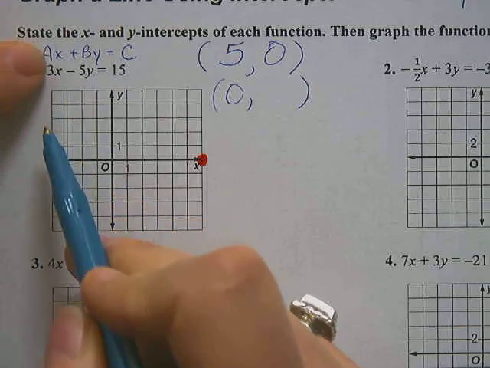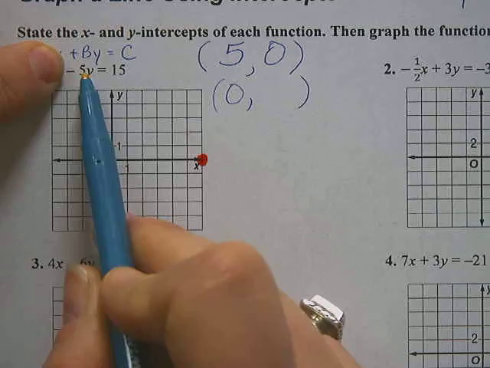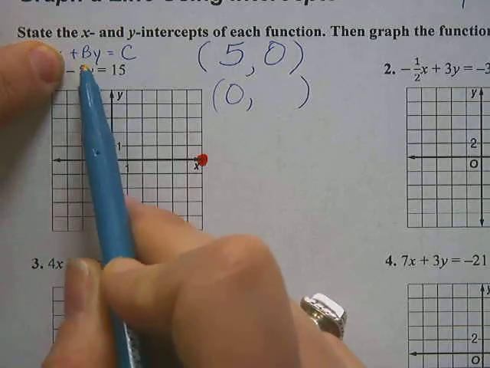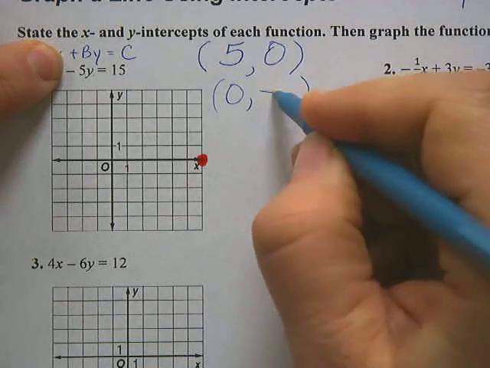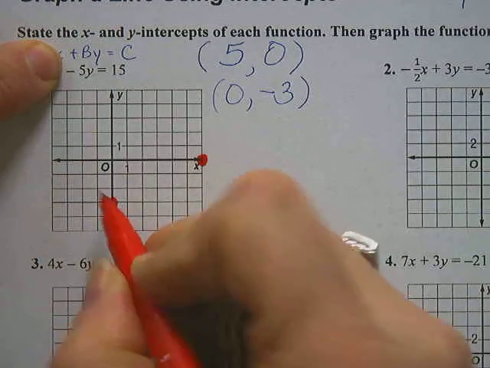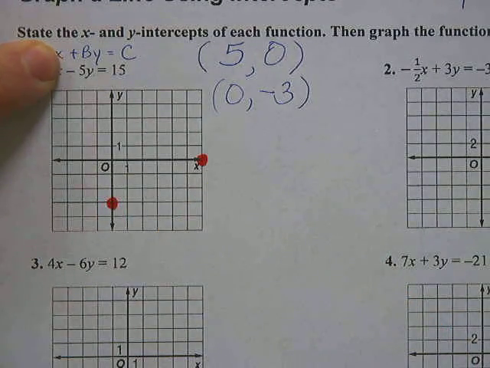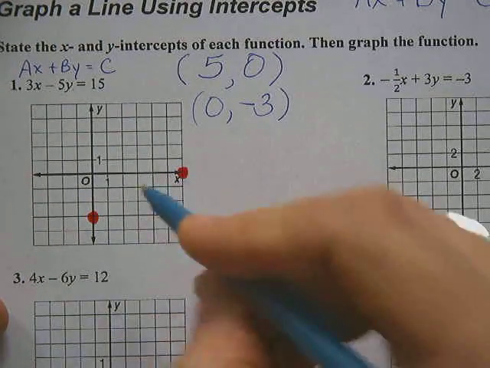Now we're going to do the same thing but to find the y-intercept, and the y-intercept is when x is 0. So when x is 0, 3 times 0 is 0. We cover this up, but don't cover up this subtraction sign that applies to the b value here. So now -5 times what is positive 15? -3.